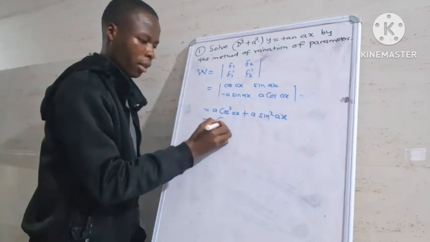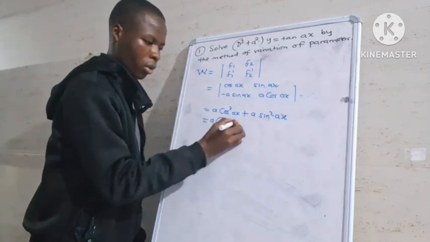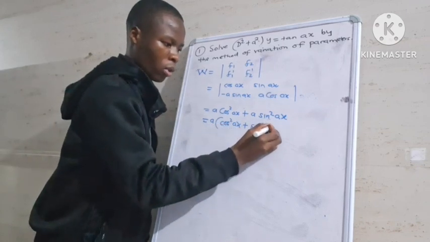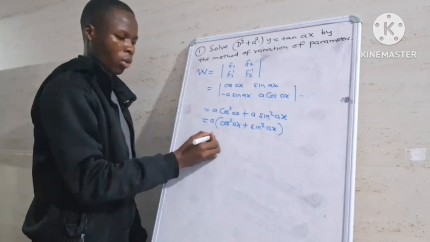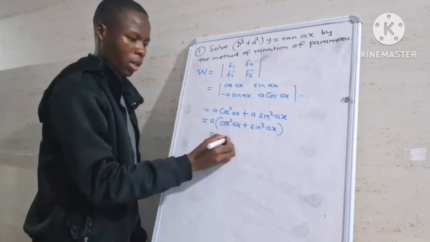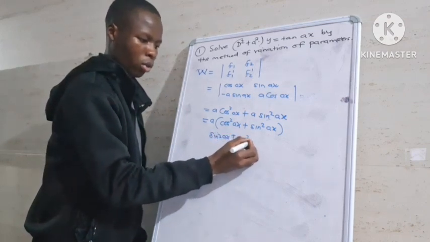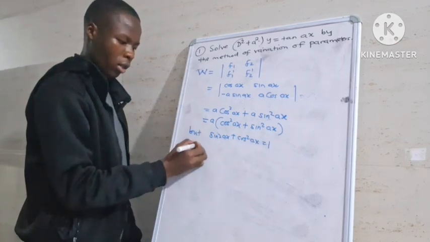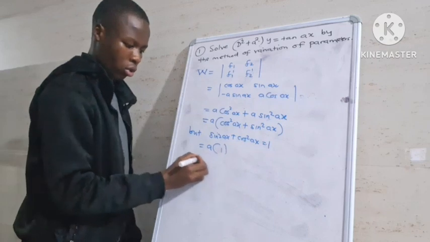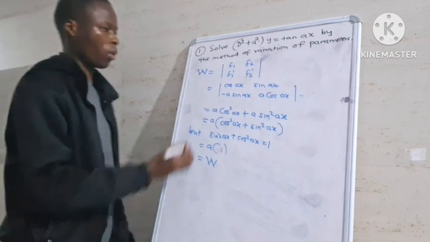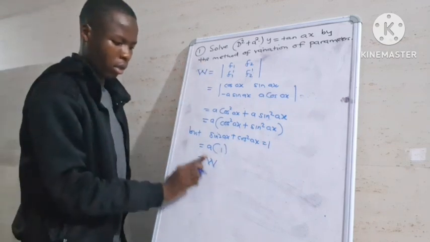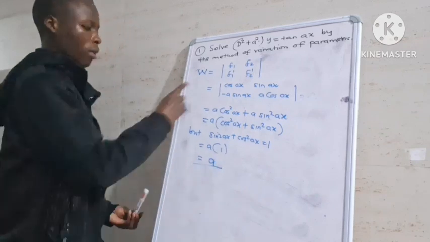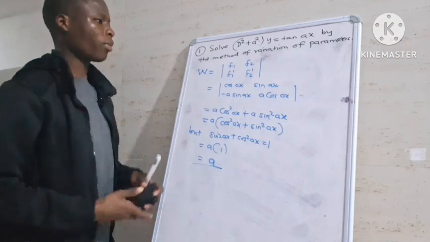Factor out a, and you remain with cos squared ax plus sin squared ax. We know that sin squared ax plus cos squared ax is equal to 1. So the Wronskian determinant W is equal to a.